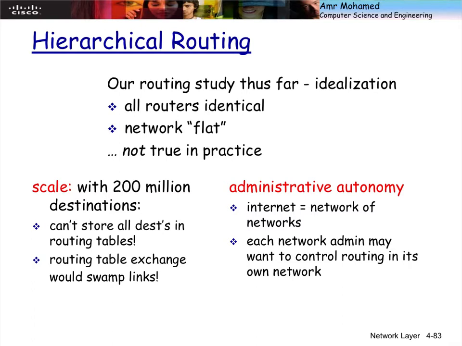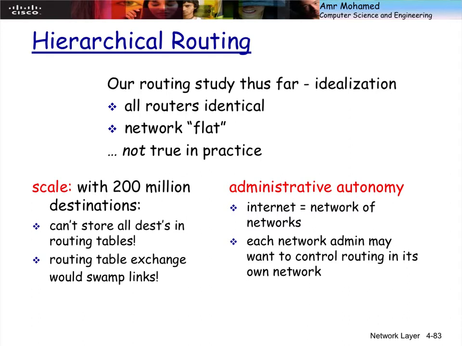So within their own infrastructure, they may need to have full control, and they may need to run, for example, RIP, while in another infrastructure for another ISP, they may run OSPF, okay? So they have control over their infrastructure, so we cannot force them to say, no, we have to have RIP everywhere. That is not possible, we cannot do that, right?